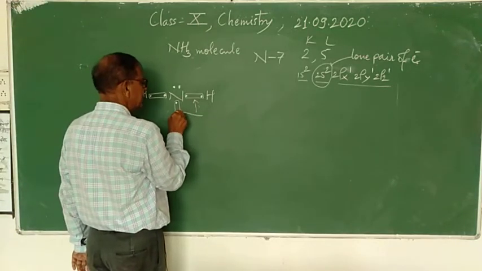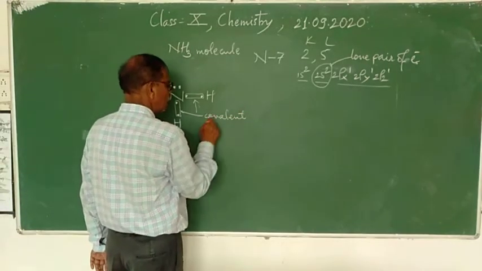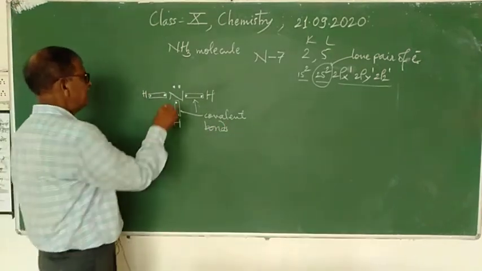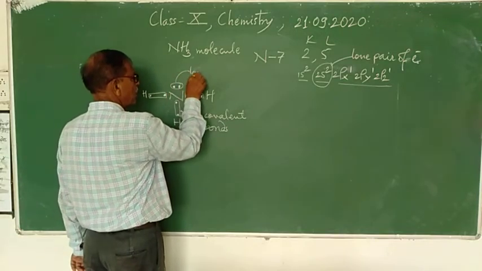These are the covalent bonds, and this is accounted as a lone pair of electrons.